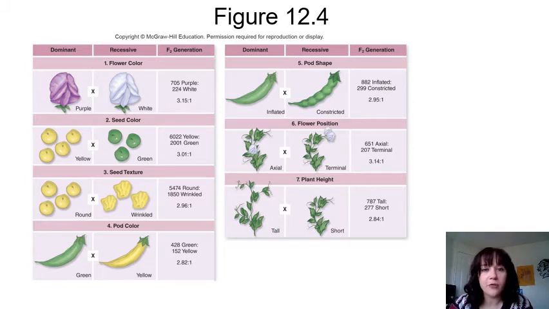And he did this over and over again with different types of traits such as seed color, texture, and pod shape. If you look at these numbers, 3.01 to 1, 2.96 to 1, 2.82 to 1, they're all roughly 3 to 1. And so that was what allowed him to really understand and tease apart this dominant and recessive trait and this idea of heterozygotes, right?